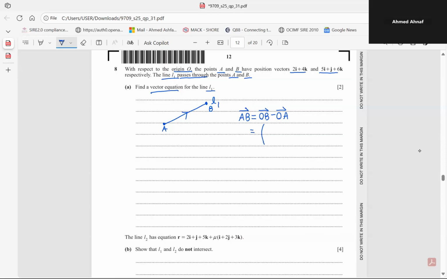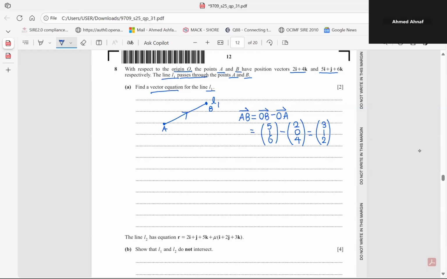OB is (5, 1, 6) minus OA, which is (2, 0, 4). That equals (3, 1, 2). So this is the vector AB.